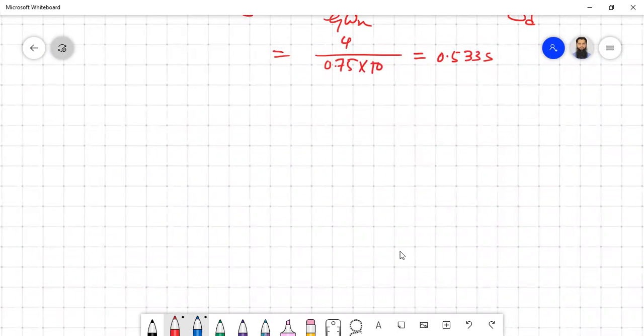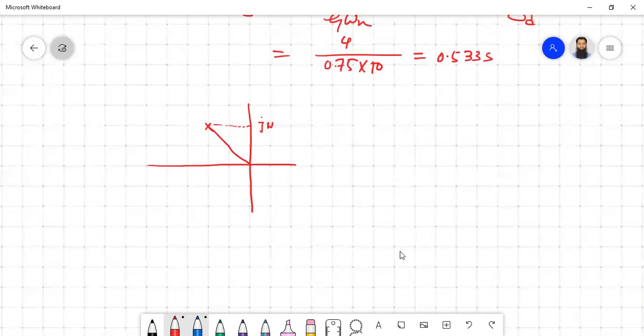The pole location that we have figured out so far: this is what we tried to find, and this is your j omega n root over 1 minus zeta square, which is j omega d, and this is your minus zeta omega n equal to minus sigma d.